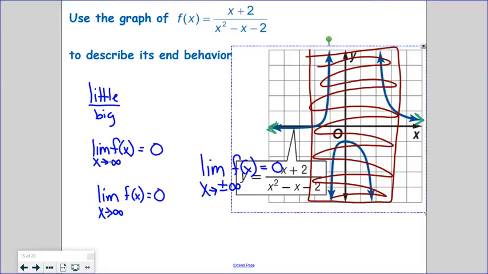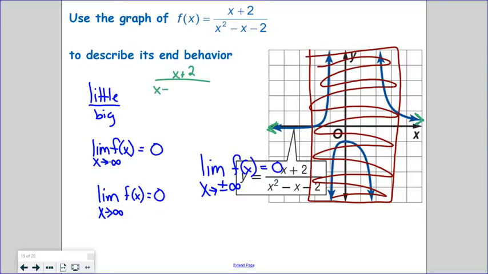The last thing I want to talk about on this one is the fact that some people want to simplify this one. And does that impact which category it would fall in as far as little over big, big over little, or same? The way this one is written, actually, it doesn't simplify, but I do want to point out, sometimes they will hand it to you in the factored form.